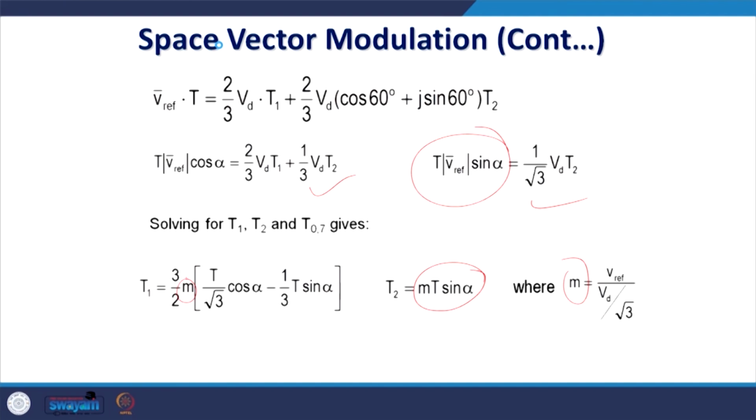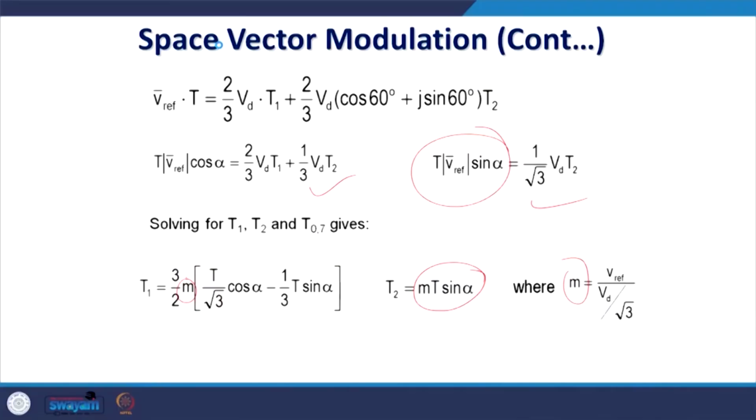So, how will it be superior to sine triangle PWM? What happens in case of sine triangle PWM is that your switching does not have a sequence. Please see what we have done here, I can go back to this figure.